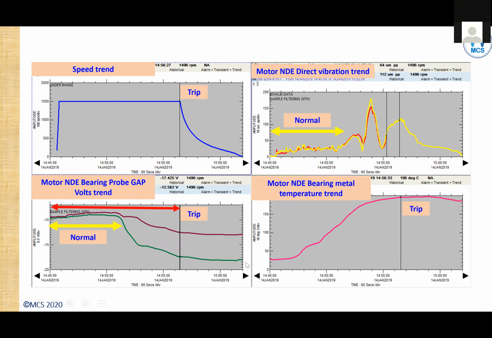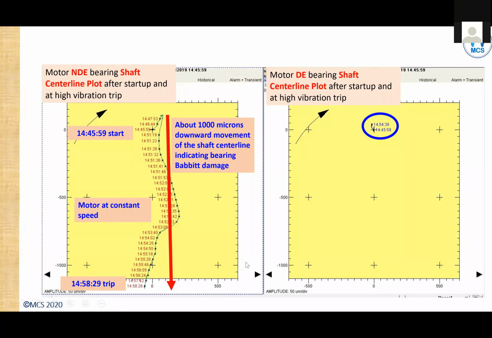Now let us look at the shaft center line plot. This is the shaft center line plot for the non-driven bearing of the motor, and this is the shaft center line for the driven bearing of the motor. The driven bearing is healthy. Now, this is the trend of the shaft center line movement within the bearing, not during tripping.